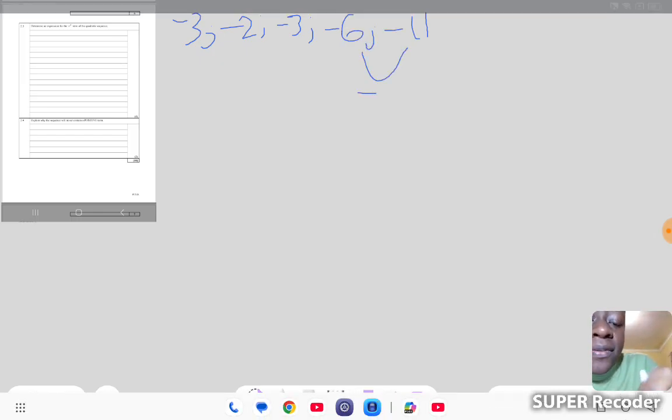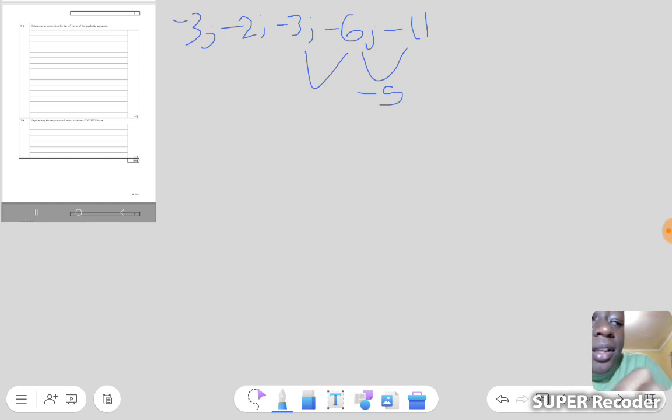We found the first difference: negative 3, negative 1, and 1.